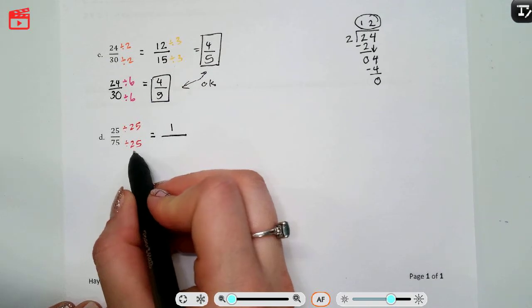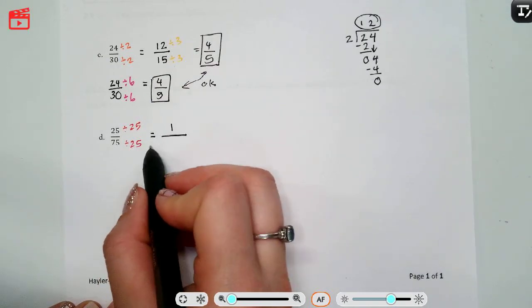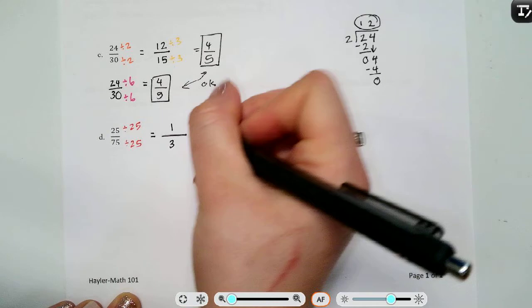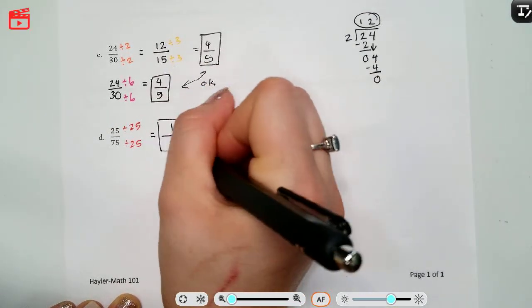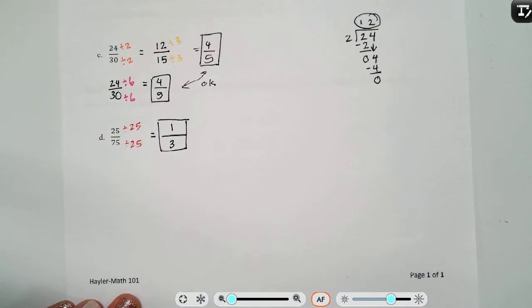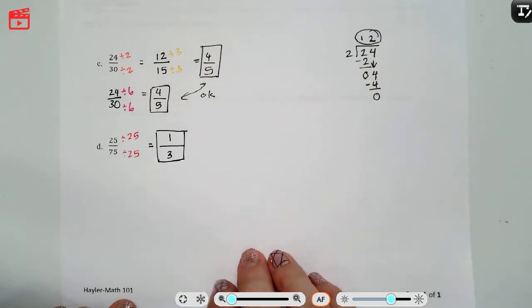Well, 75 is 3 quarters. So that's going to be 3. Okay, and there we go. We're done with that.